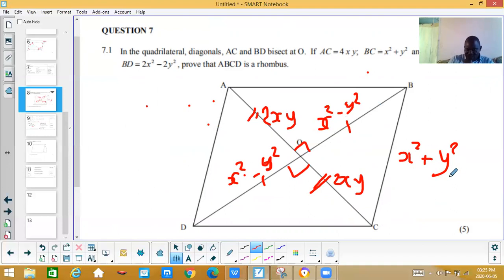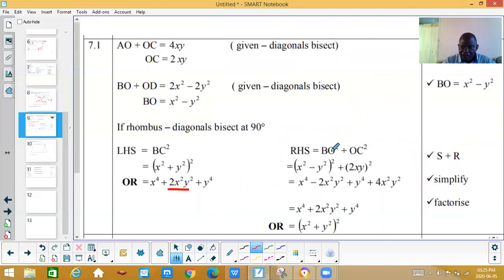Now we need to expand BO squared plus OC squared using Pythagoras theorem. Let us analyze and see what we get. BO is x squared minus y squared, plus this one squared, which is OC.